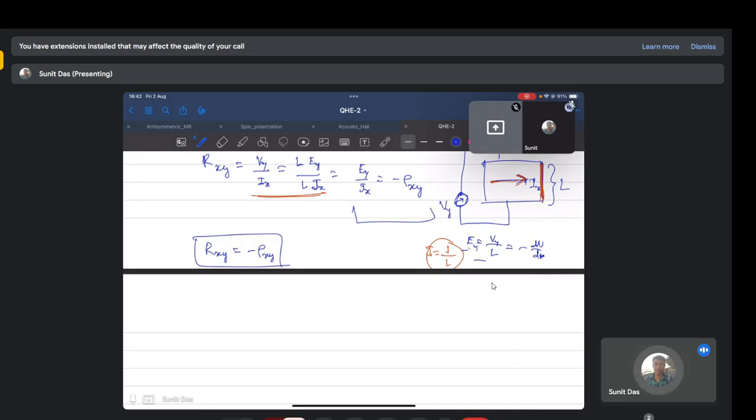Okay, so next let's move to. So there was one question last time. I answered that question, but there was another way to measure things.